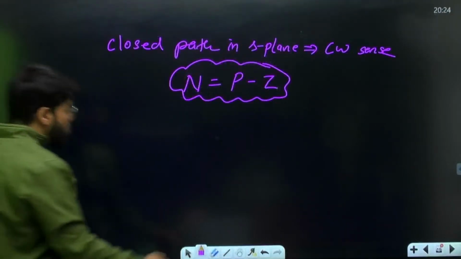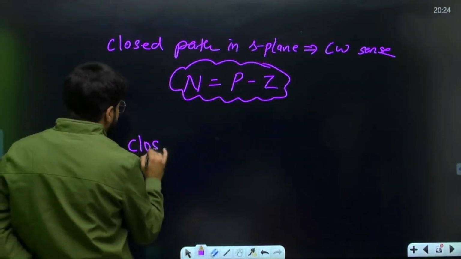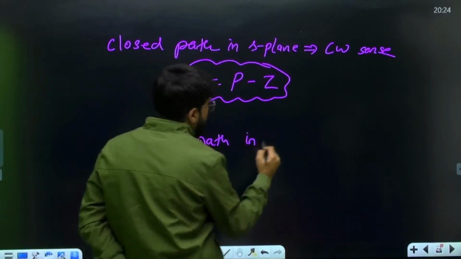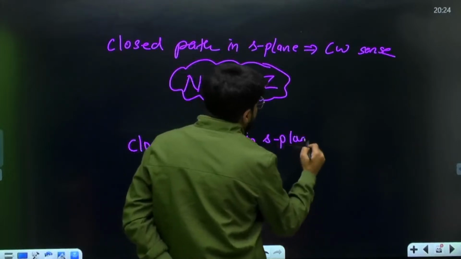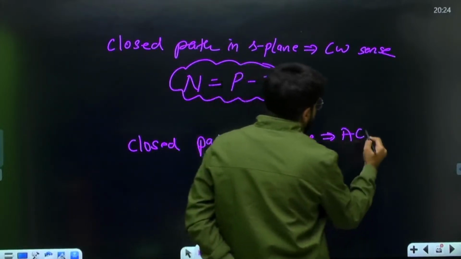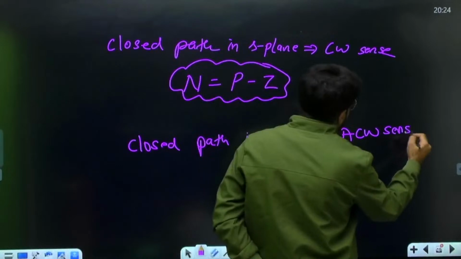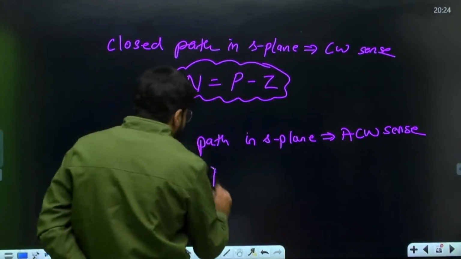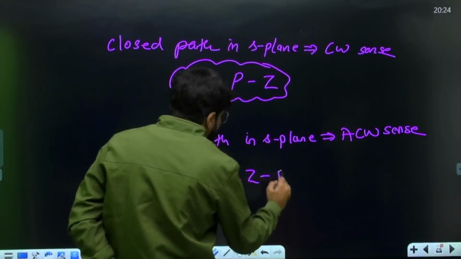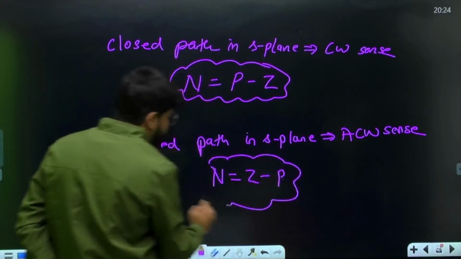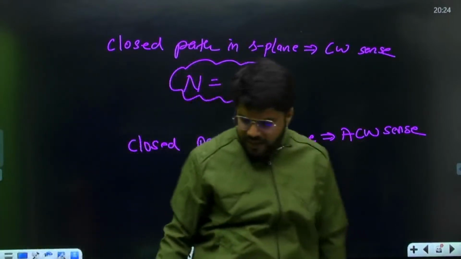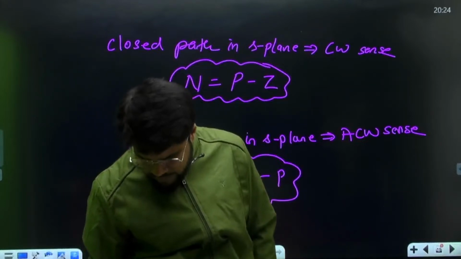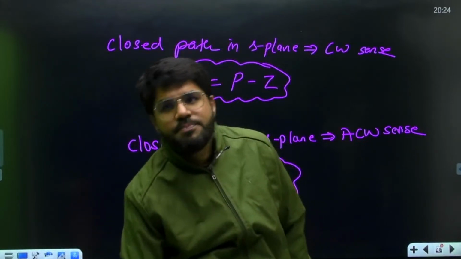If you take the closed path in the S-plane in the anti-clockwise sense, then the result will be just obtained as reverse. N will be then obtained as z minus p.